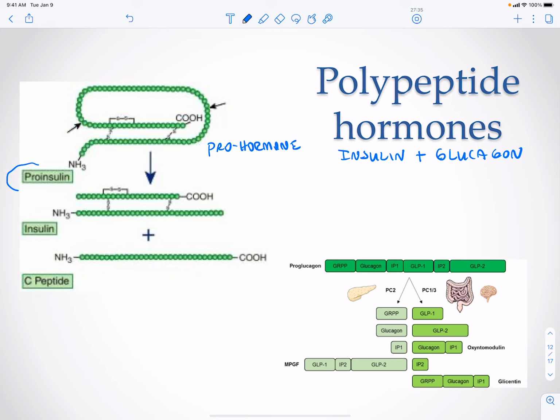So you have a proinsulin here, for example. And then you're going to have a pro-glucagon here, for example. And you can see that they're very long and big, and they're going to get modified to be their active forms. Now, glucagon is going to be cleaved into mature glucagon within storage vesicles.